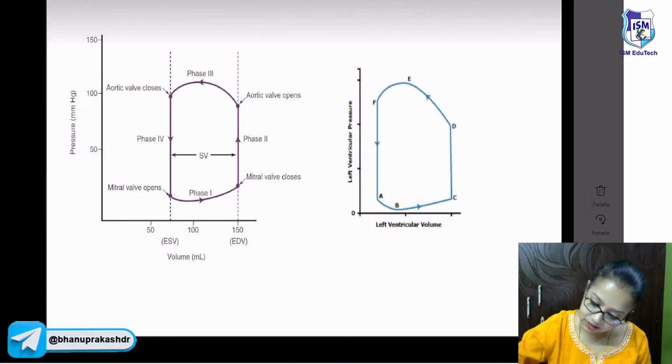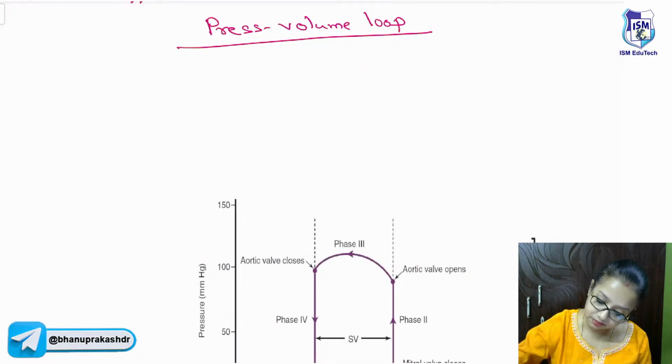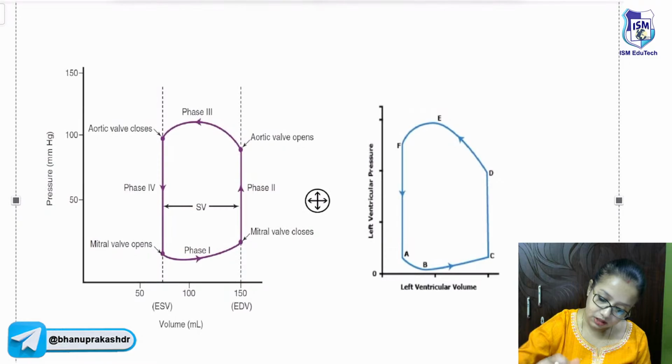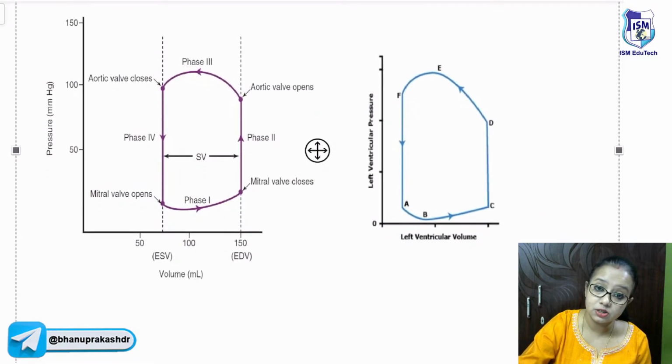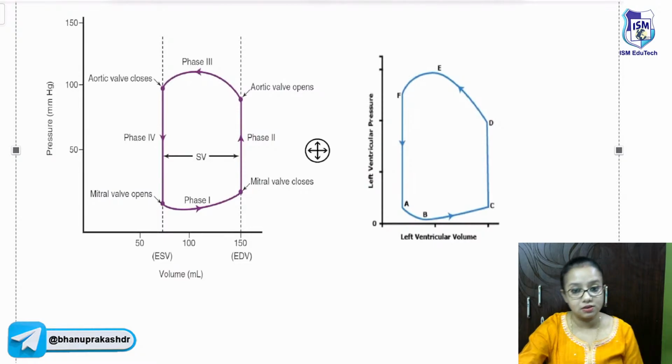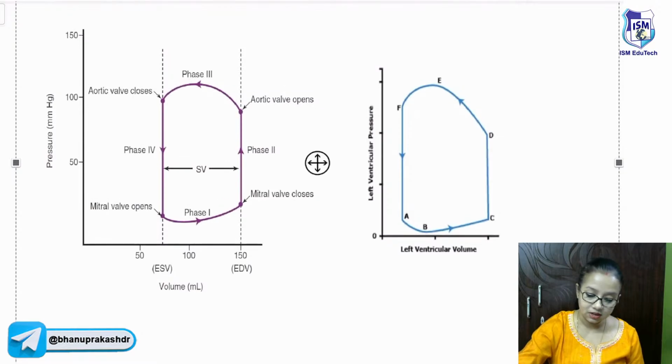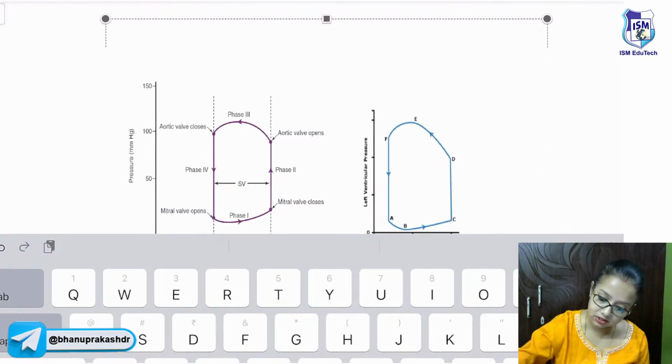So going by the diagram, the Wiggers diagram that we studied and understood as the left ventricular pressure, the previous one that we started the class with, now the whole thing can be understood in a loop. Actually, it is the loop that gives a better explanation in context to the clinics.